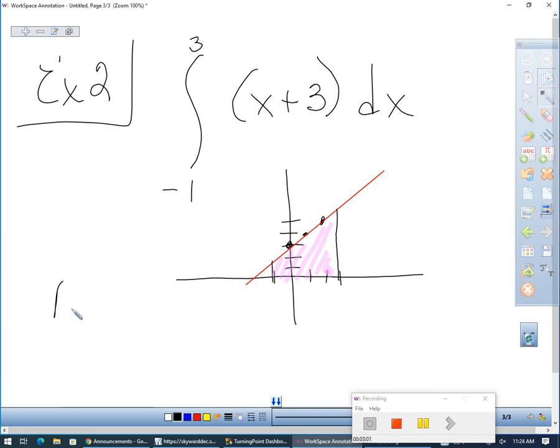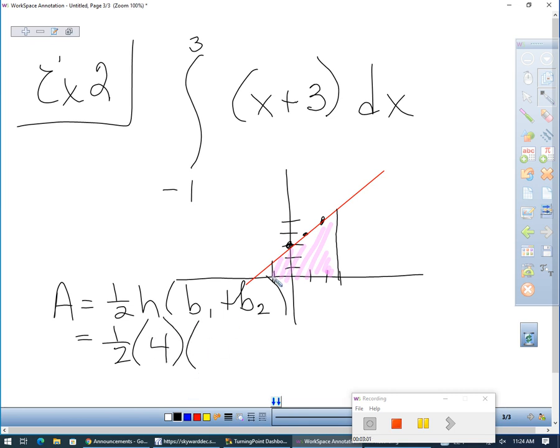So to remind you, its area equals 1/2 the height times base 1 plus base 2. So this is 1/2. The height is the distance from the lower limit to the upper limit on the x-axis. So to go from -1 to 3 is how far? 4. I agree.